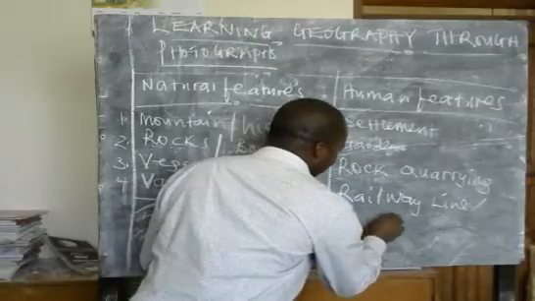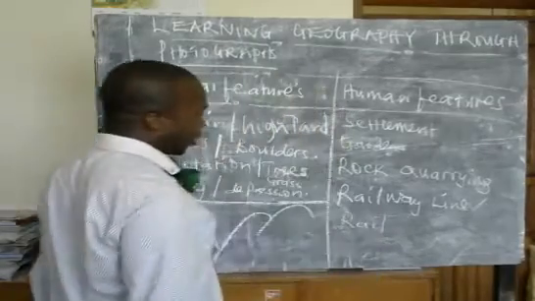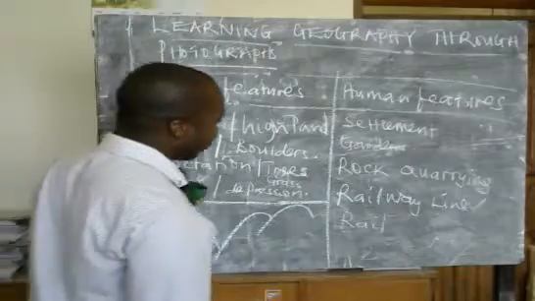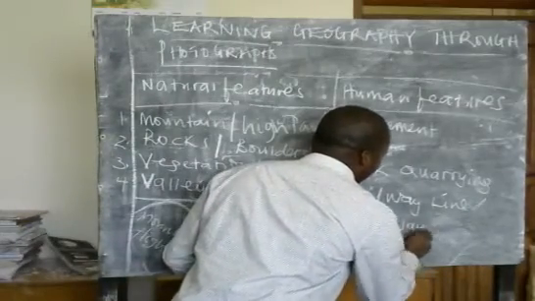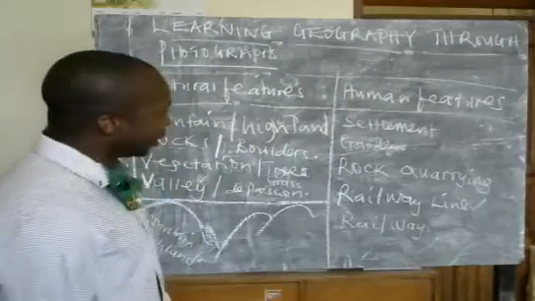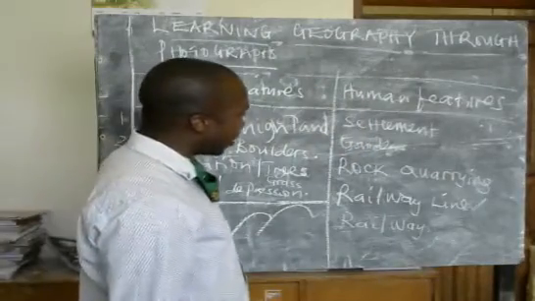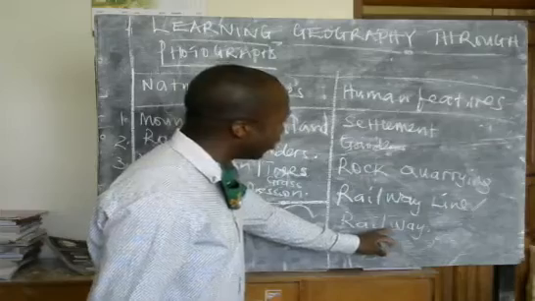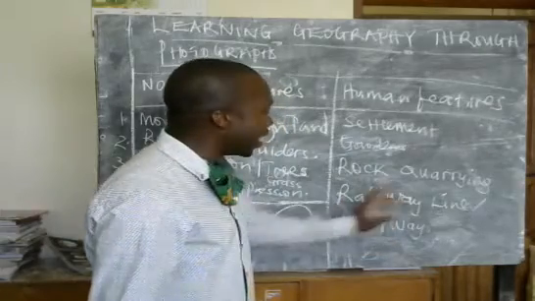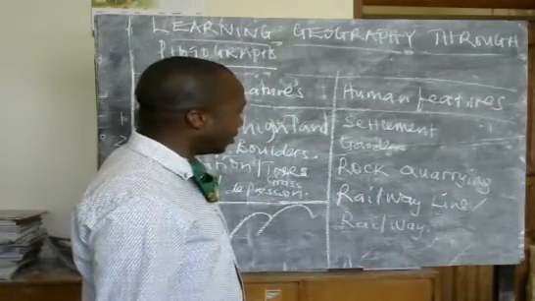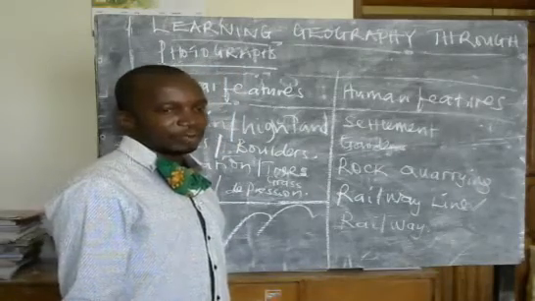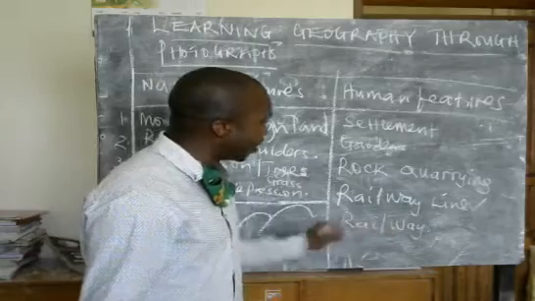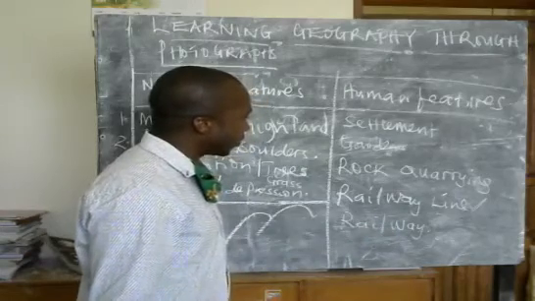You are still right. Others have written railway. In fact, the human feature is either railway or railway line. Those who have written rail, it is not clear enough. It is railway line or railway.